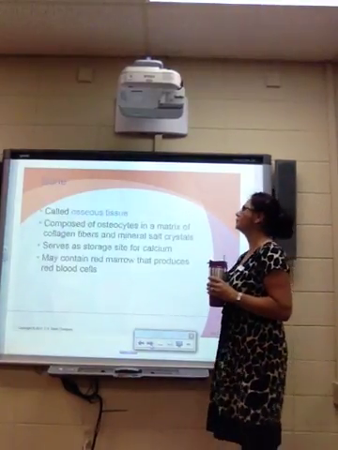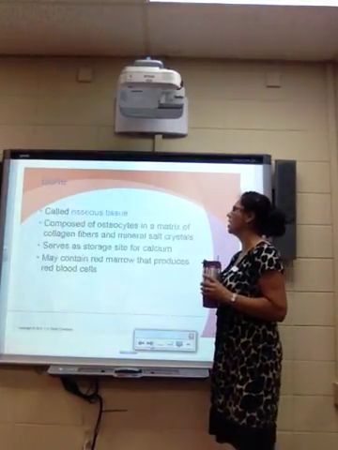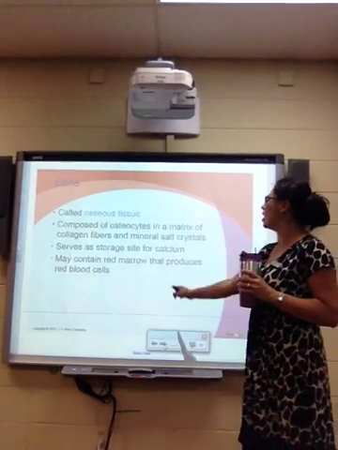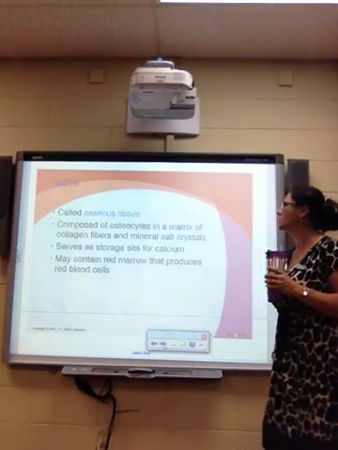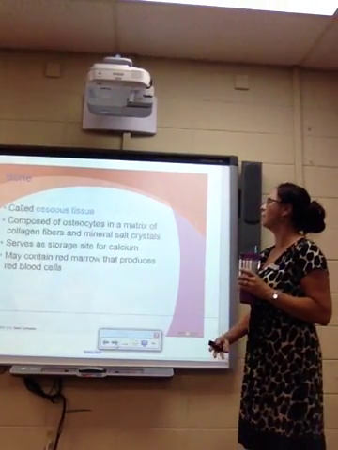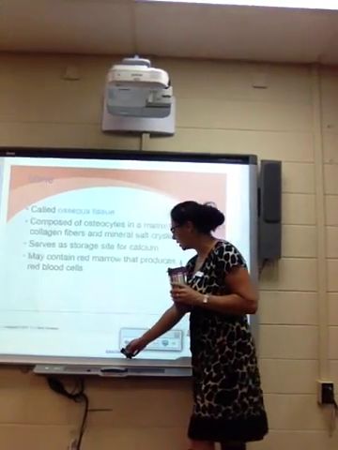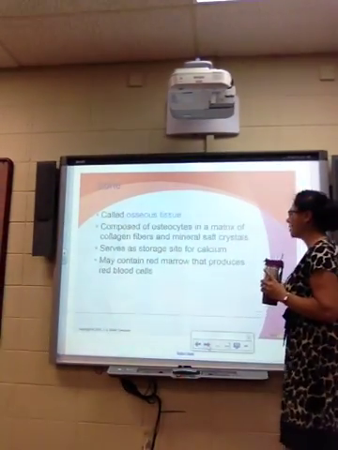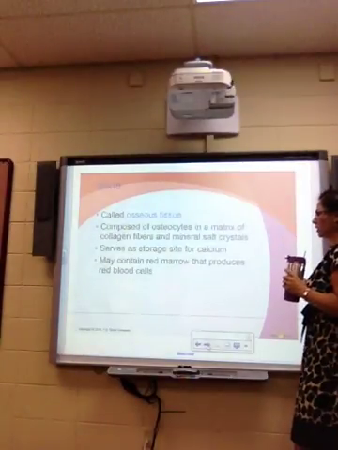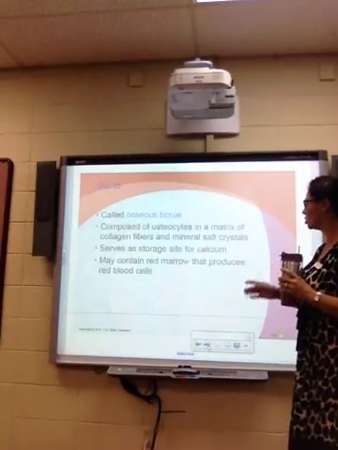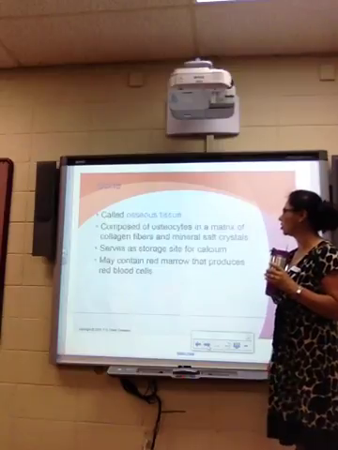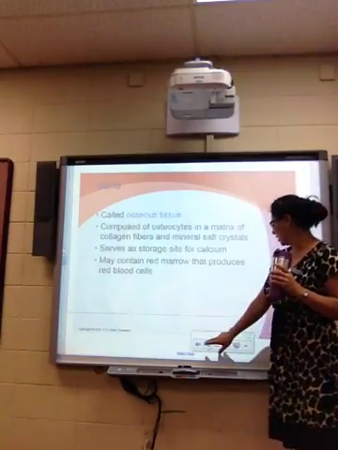Okay, bone. Bone, we have osseous tissue, and we have osteocytes that are making up its matrix. This is a nice place for extra calcium that we can store, and we have red bone marrow inside there. Again, these are all connective tissues.